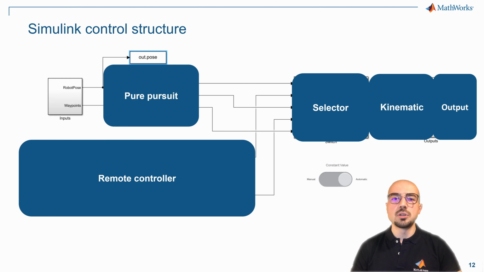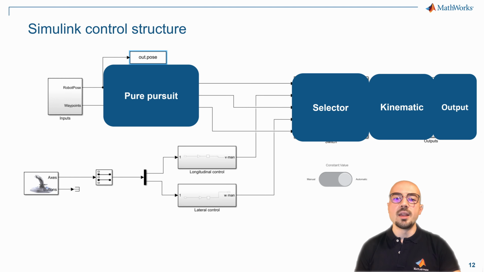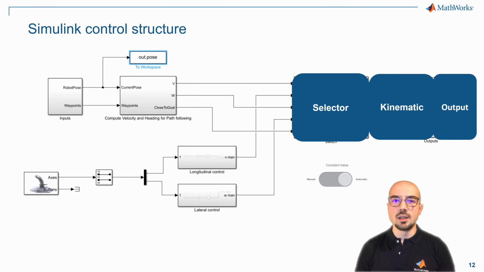Second, we have the possibility to use the remote controller. So we read the information about the axes, we do some operations in order to clean the data, and then we provide V and omega manually in this case. Then we have the pursuit, which takes the input information, the pose, and can generate the V and omega for the automatic driving.